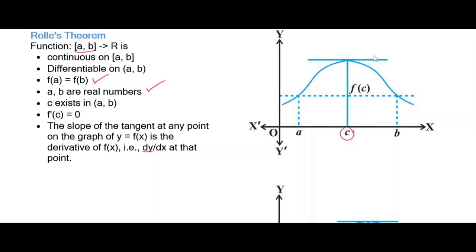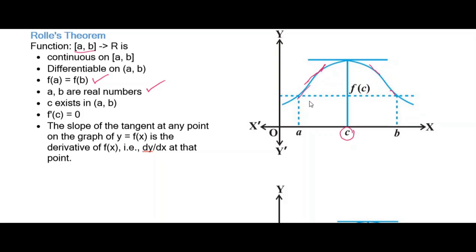It means the slope of the tangent at any point on y is equal to f of x curve is the derivative of f of x. It means everywhere you can draw the tangent, is it not? So this is the slope, this is another slope. Likewise, you will be getting various slopes, is it not?